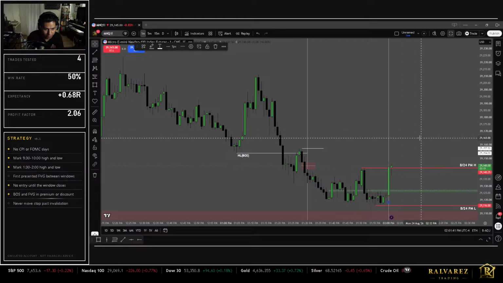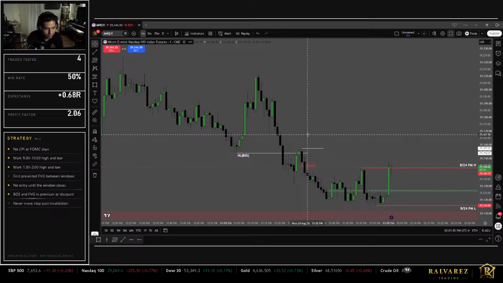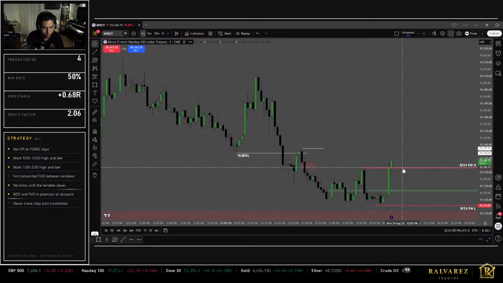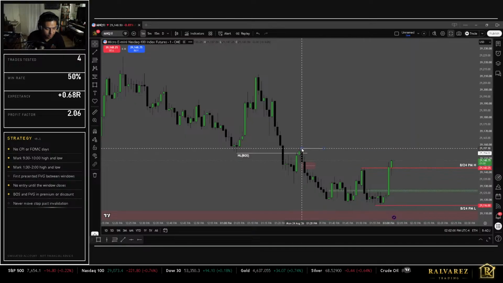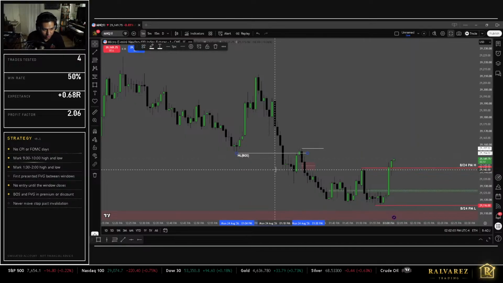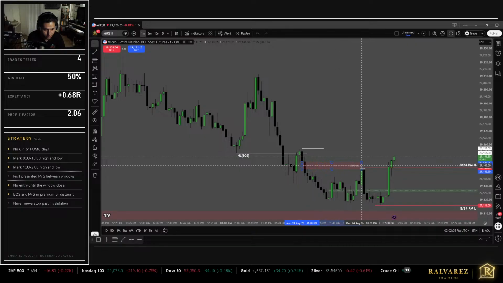Okay, so we're going to get rid of these 2 vertical lines, so we can see we have our PM low, PM high. PM high got taken. We have a break of structure, higher low. Initial fair value gap on the upside.